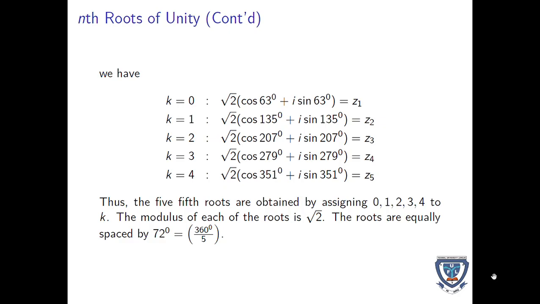Now we have that when k is 0, we are going to have our z1. When k is 1, we have our z2. When k is 2, we have our z3. When k is 3, we have our z4. And when k is 4, we have our z5. Thus, the five fifth roots are obtained by assigning 0, 1, 2, 3, 4 to k. Thank you.